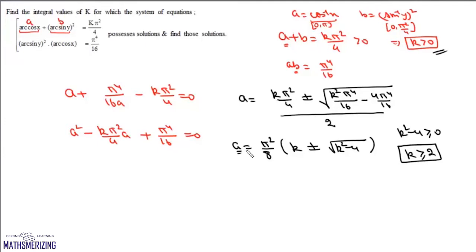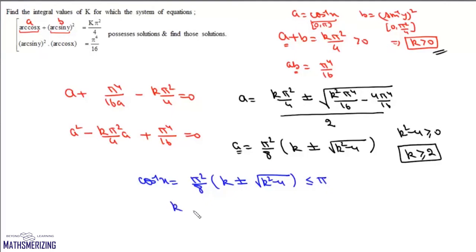Now this a is nothing but cos inverse of x. So we can write cos inverse of x as pi square by 8 into k plus minus under root of k square minus 4, and the range of cos inverse of x is from 0 to pi.